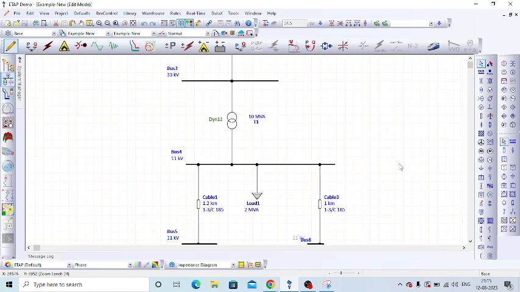Okay, so has everyone understood as of now? I am just giving some basics of the fault currents only. Mostly my suggestion is that you have to practice it.